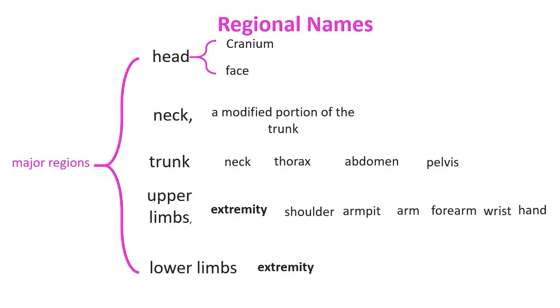The lower limbs or lower extremities contain the buttock area, which is posterior, and the groin, which is anterior, then the thigh above the knee, and the leg below the knee. Ankle is the joint before the foot, and then you can see the foot.